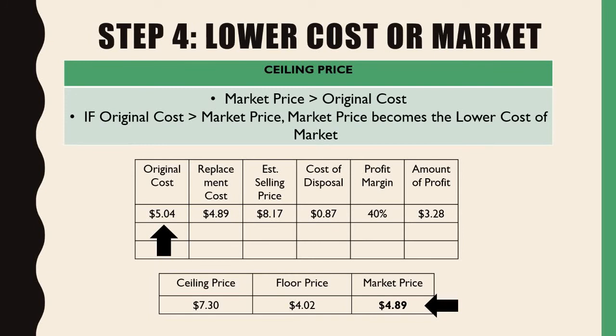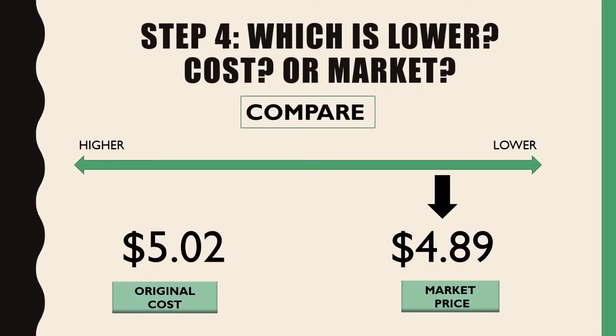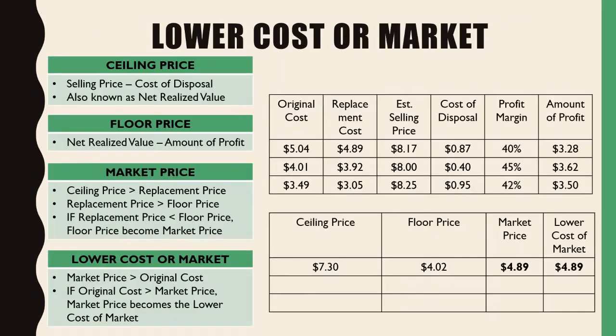Okay, so let's go back to our scenario here. If there's no more questions, let's go ahead and practice these calculations. If I purchased originally something for $4.01 and the market is telling me that it's actually $3.92, the estimated selling price that I want to sell it at is $8.